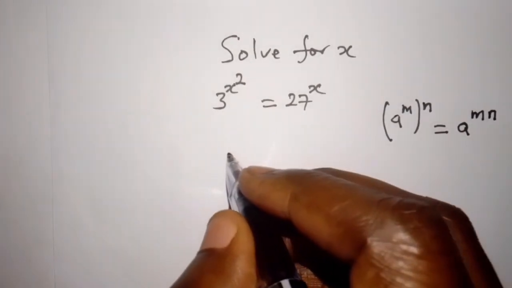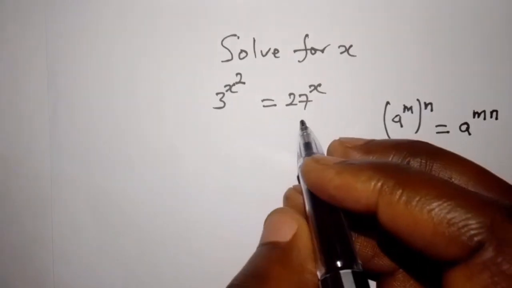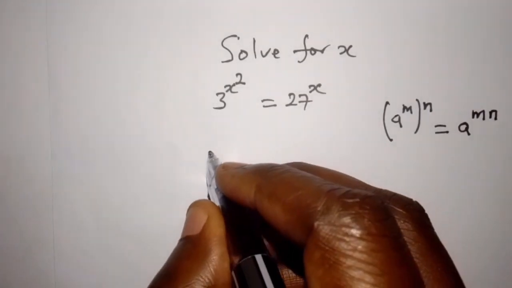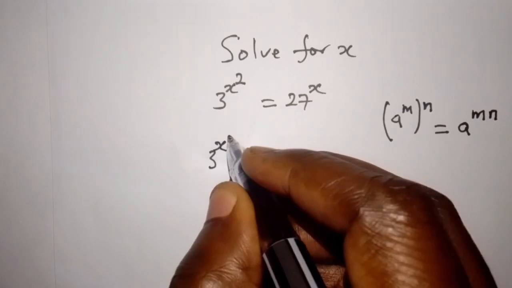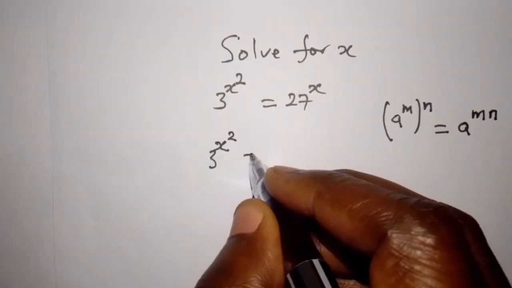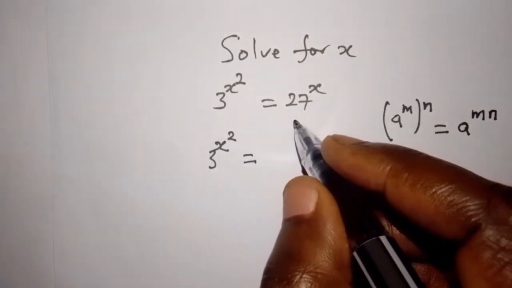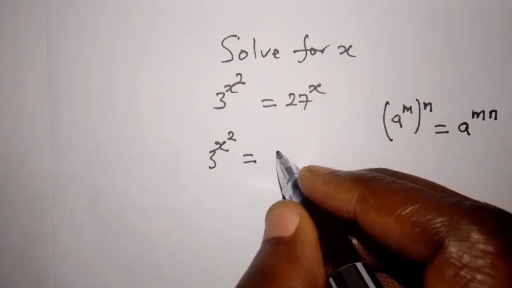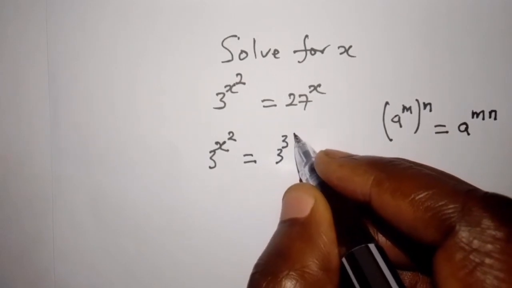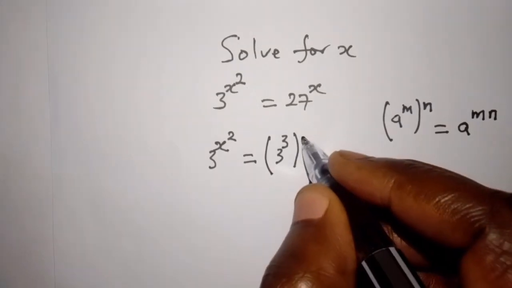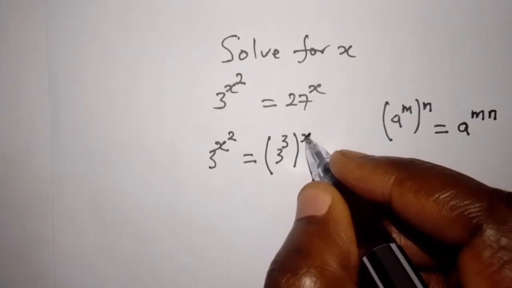So now we can rewrite this expression as 3^(x²) is equal to 27, which is 3^3, raised to the power x.